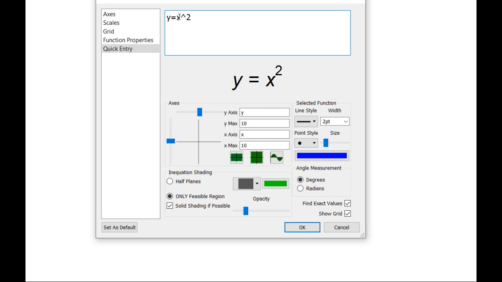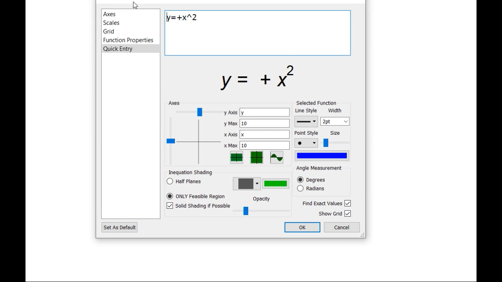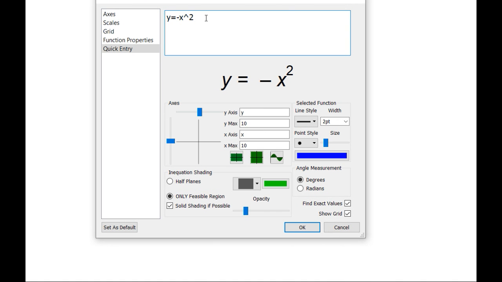And because there's, in fact, although it's not shown, a plus there, it opens up. Now if I change that to minus, it opens down. Okay, and really what this is in its full format, let's change that back to plus.